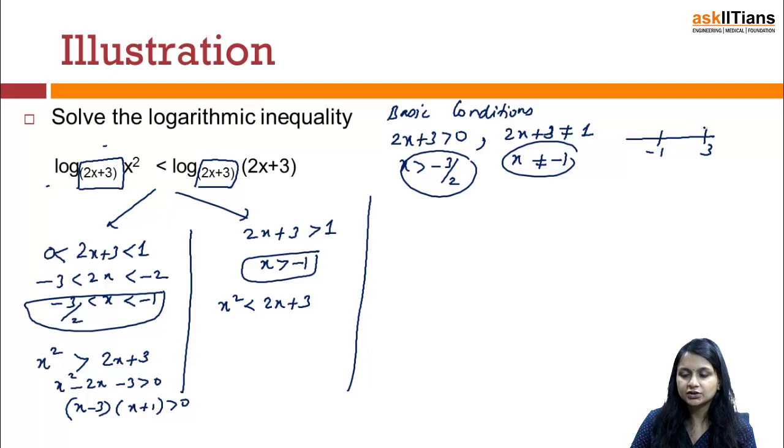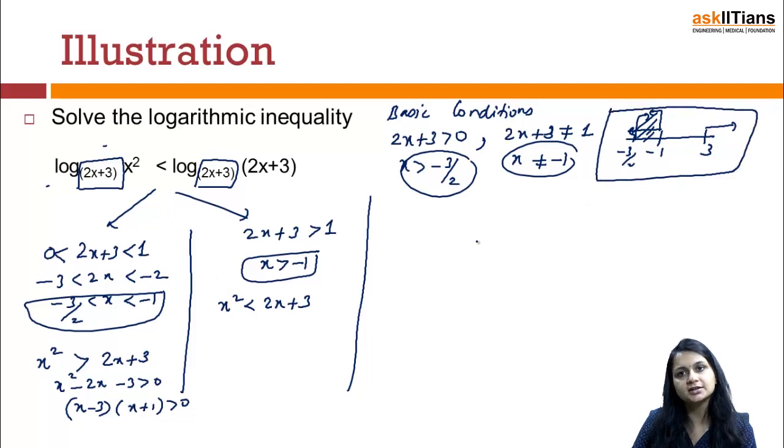It is greater than 0, so this region and this region. But I already said that x is lying between minus 3 by 2 and minus 1. So minus 3 by 2 will be here, and this will give me an overlapping region only this much. So from this I got the solution that x is lying between minus 3 by 2 and minus 1.